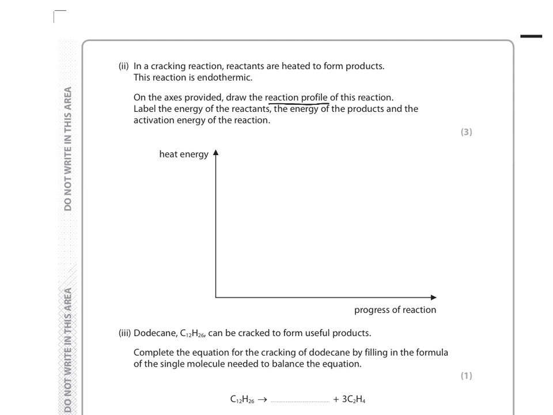You've got the energy up the side, you've got the progress of the reaction along the bottom. Now, in an endothermic reaction, heat is taken in from the surroundings, so the energy of your reaction increases. So I need to draw the energy of my reactants, and then I need to draw the energy of my products at higher energy.